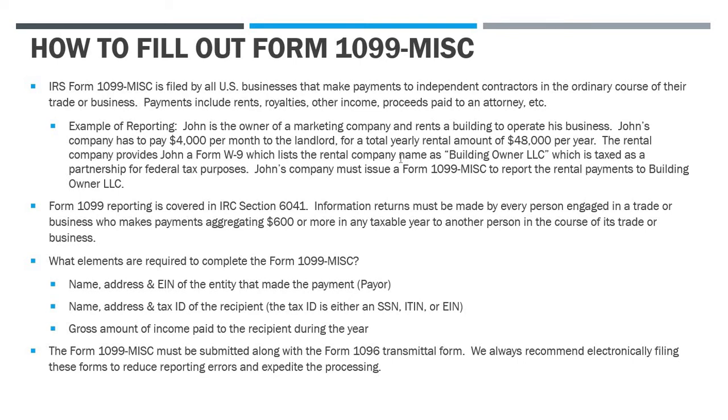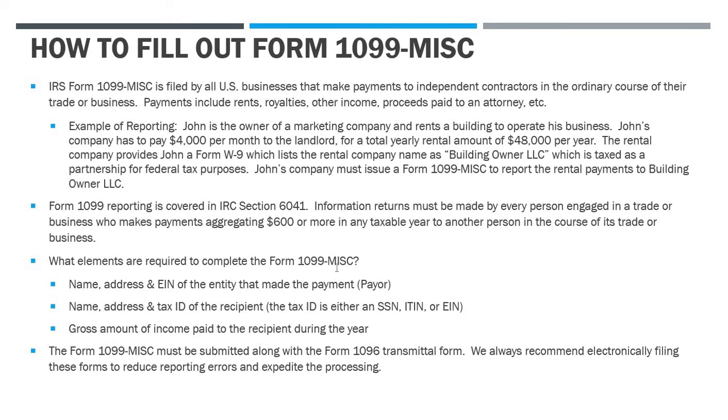So if you are watching this and you rent your home or an apartment, and you make payments every month to that landlord or the rental company that manages the property, you're not having to file a 1099 Miscellaneous. It's only if you're making the payment in the course of your trade or business. So if you're a business owner and you're making payments and you're going to be deducting the costs, that's where you have the 1099 Miscellaneous reporting obligation.